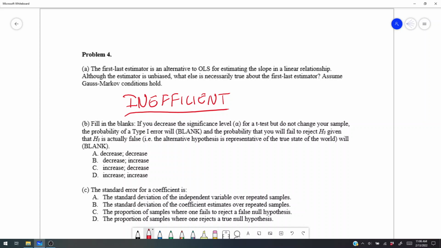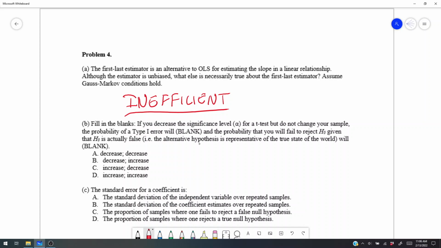If alpha is extreme, suppose alpha is 0.01 or 0.001 or 0.0001, some really tiny number, we'll start making the opposite mistake more often.